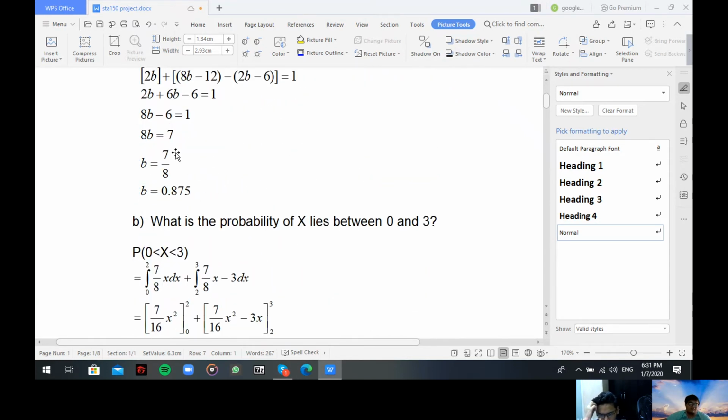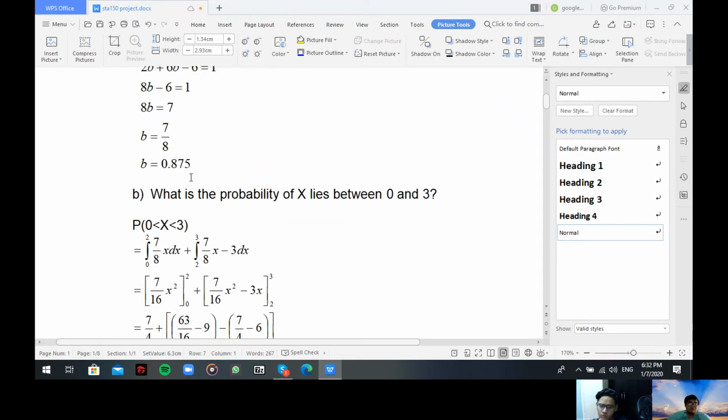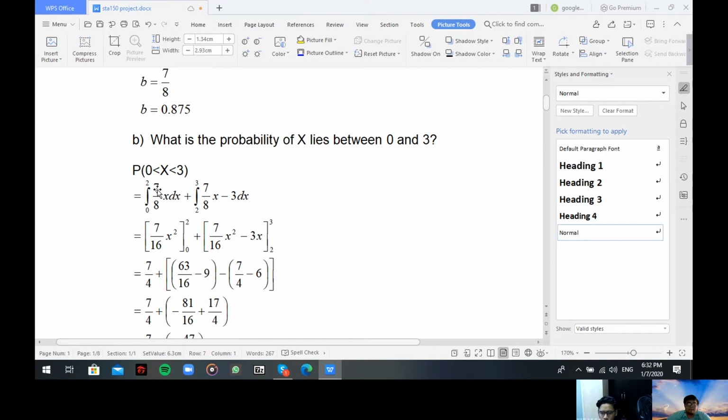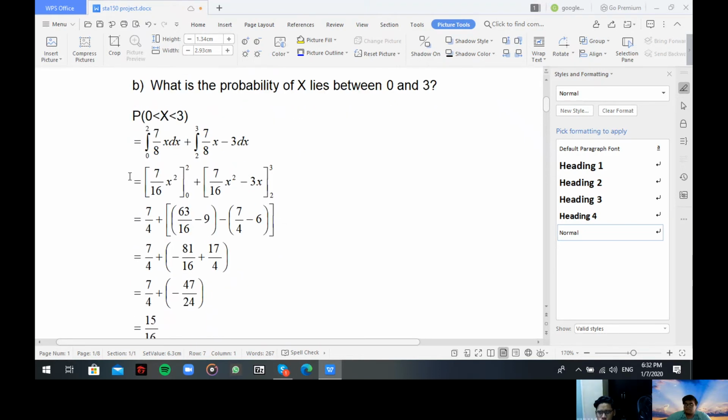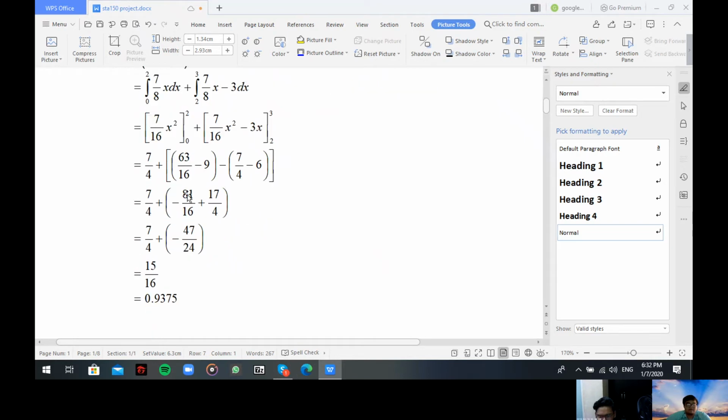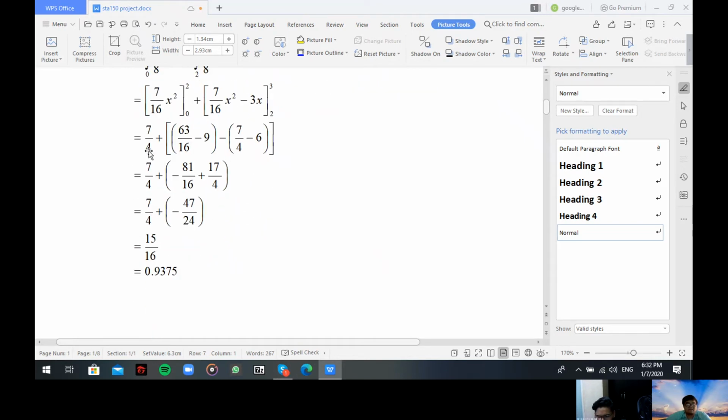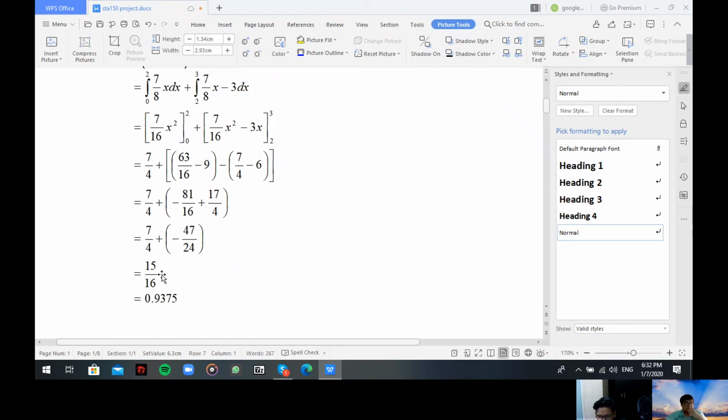For now you know that b is equal to 7 over 8. So you just integrate 0 to 2, 7 over 8 x dx, plus integrate 2 to 3, 7 over 8 x minus 3 dx. You integrate like normal and you will get the answer 15 over 16.